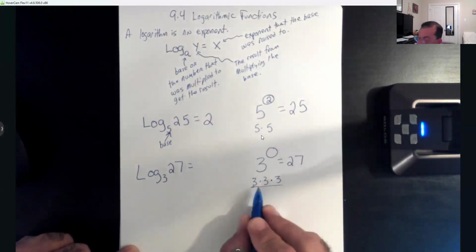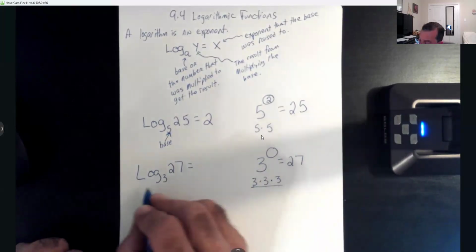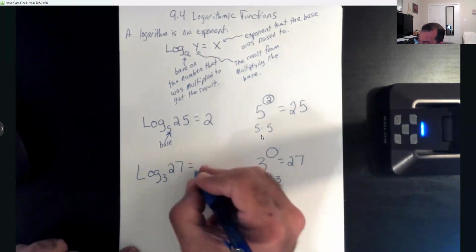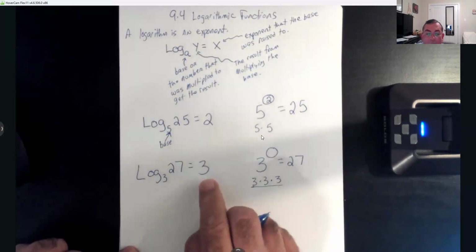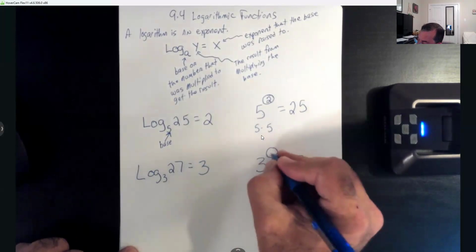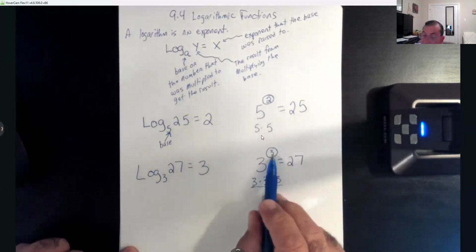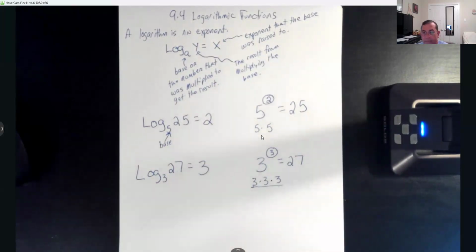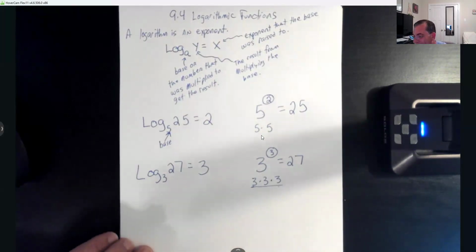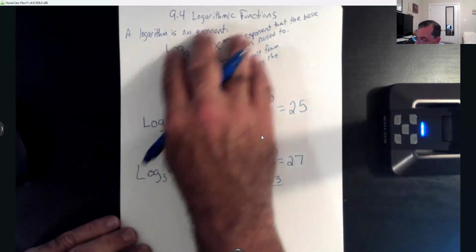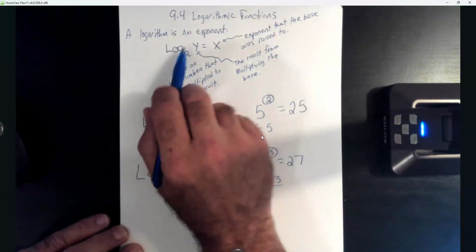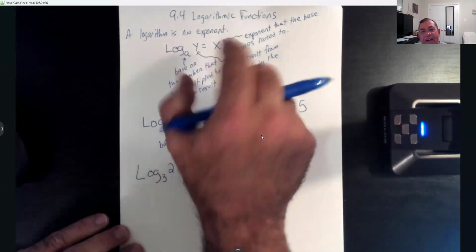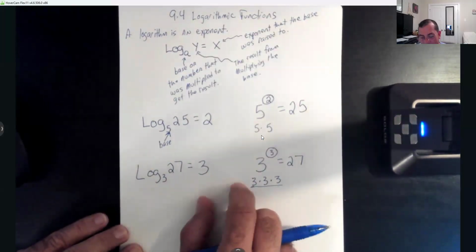So since I had to multiply that 3 times, the log base 3 of a 27 would give me an exponent of 3. And if you want to check it, put the exponent back. 3 cubed is 27. Are those making sense, y'all? Yes. And you just got to realize that you're finding the exponents on those, okay?